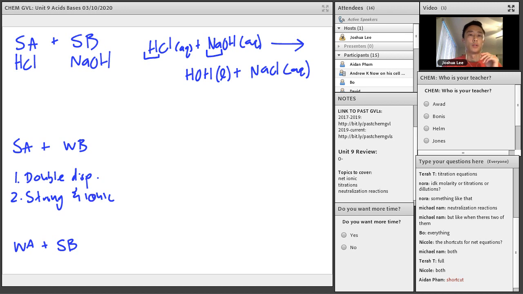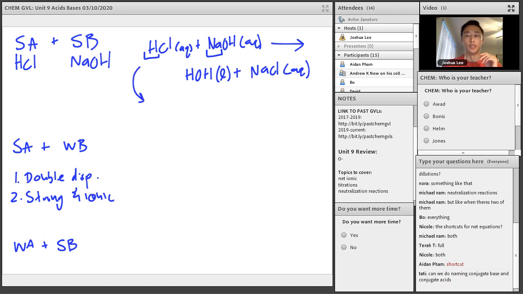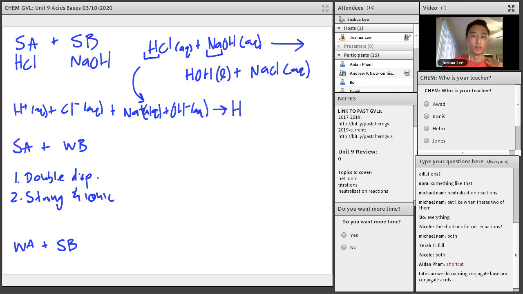So next step would be: HCl is a strong acid, so it would be H plus aqueous plus Cl minus aqueous. Sodium hydroxide is also strong, so Na plus aqueous plus OH minus aqueous. Water is a liquid, so we don't break that up. And sodium chloride is ionic.